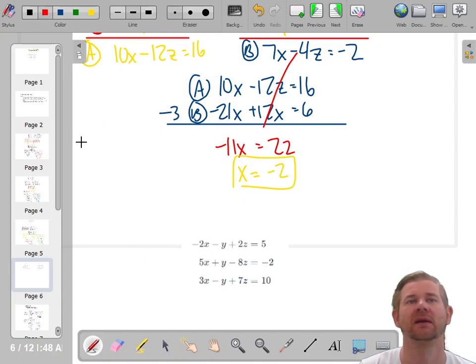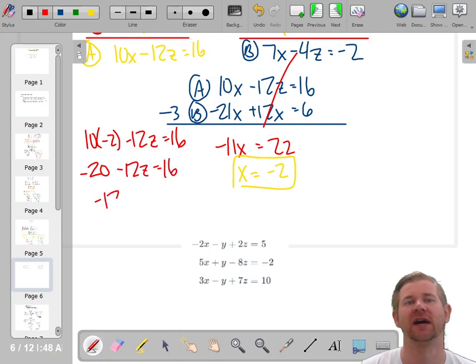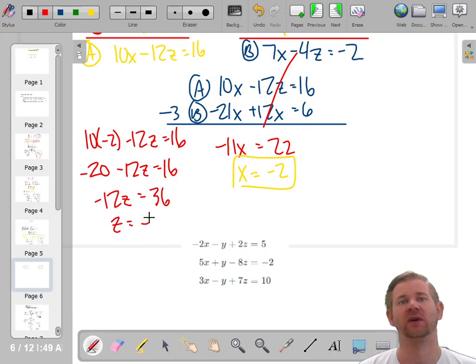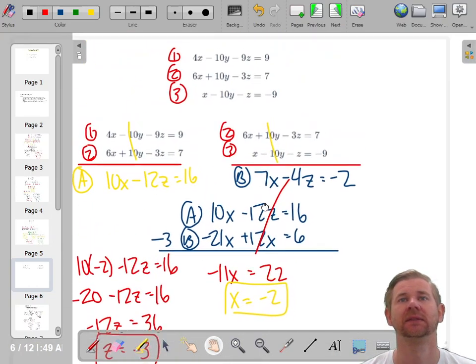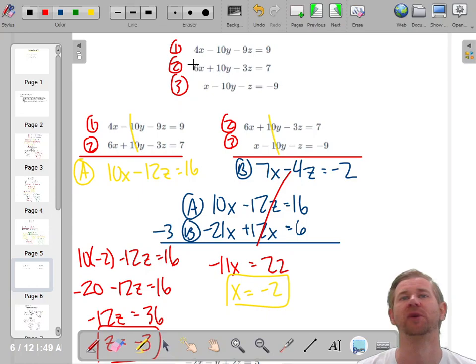Now I'll come back up here. 10 times negative 2 minus 12z equals 16. Negative 20. Add 20 to both sides. 20 plus 16 is 36. 36 divided by negative 12 is negative 3. We're moving. Last one, I need y. None of these are super great. Let's try this one.